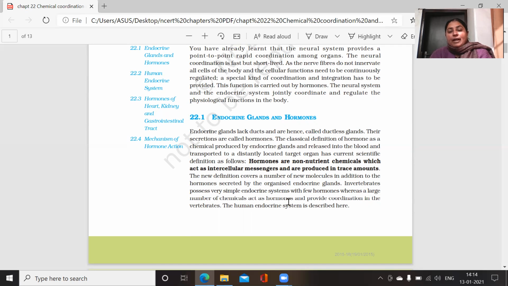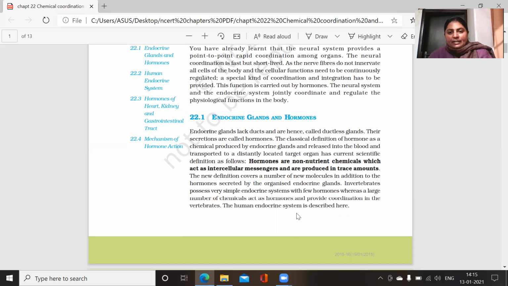Whereas a well-developed endocrine system is present in highly advanced organisms such as human beings. Here, hormones are produced in larger numbers and provide coordination in the body of these vertebrates.